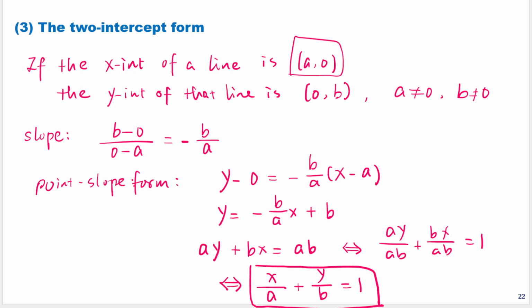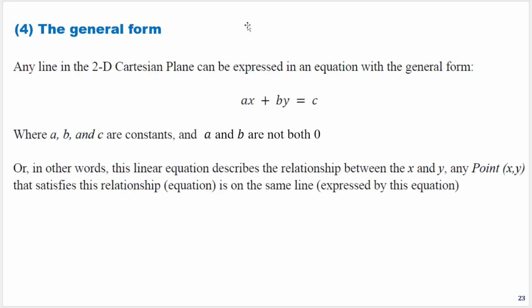Okay, and actually if we put all these together, we have the general form of a line. Any line in the 2D Cartesian plane can be expressed in an equation with the general form, which is ax plus by equals c, where a, b, and c are constants, and a and b are not both 0. Okay, be careful with the constraints here.